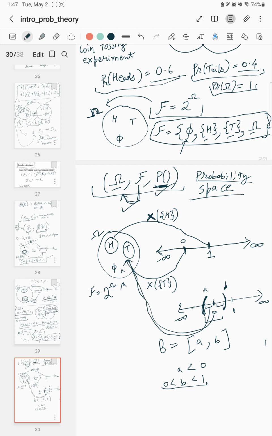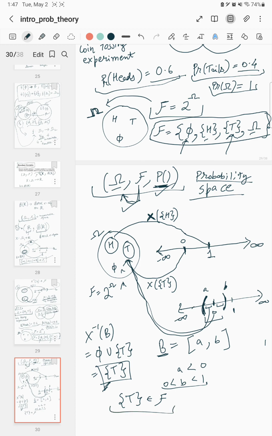So if we take the pre-image of such a B, x inverse of B would be phi union with the set tails, which is tails. And does this set exist in sigma algebra F? Yes, as we can see here, it does exist in the sigma algebra F. So it has a valid pre-image.